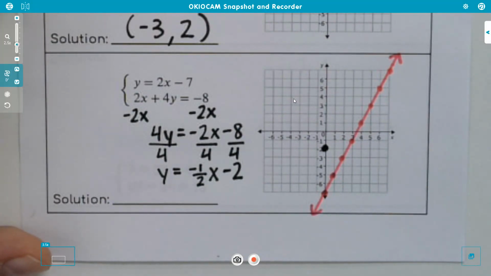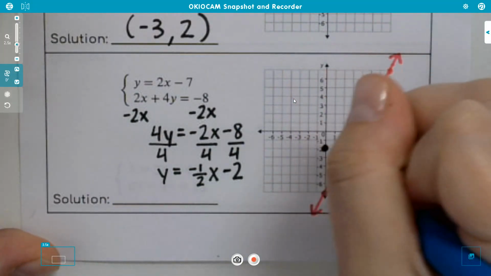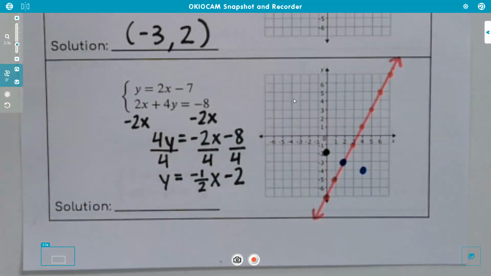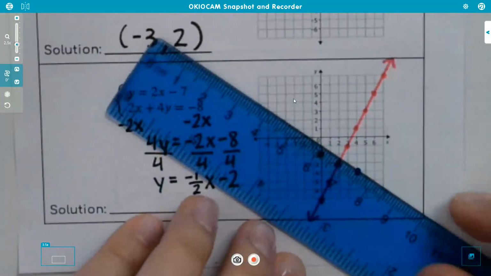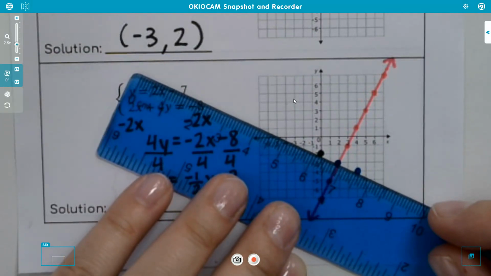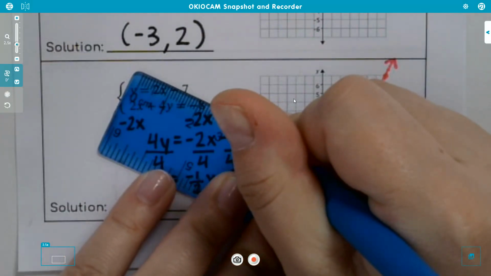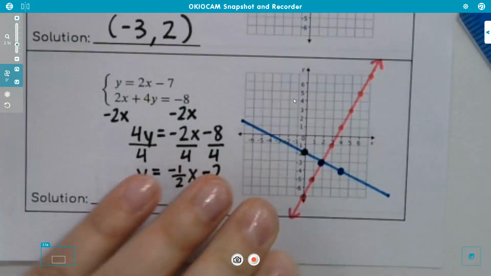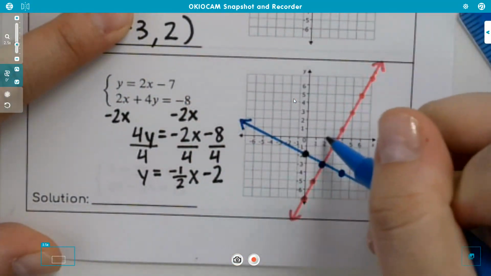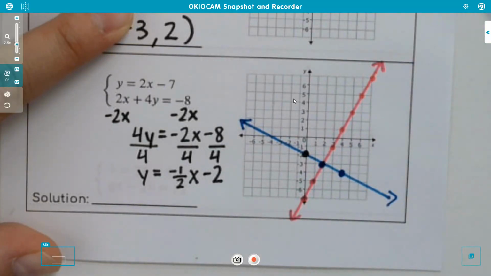My slope is negative 1/2, so I'll go down 1, right 2, and I'll cross right away. Down 1, right 2. That one crossed right away. The point at which those crossed was 2 to the right, down 3, so (2, -3).